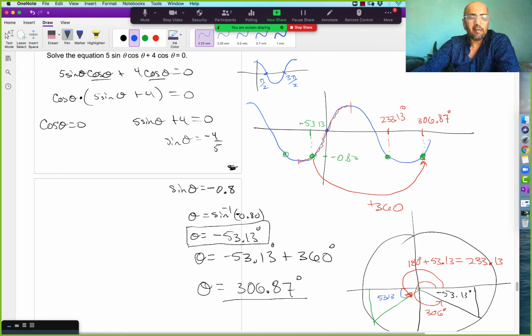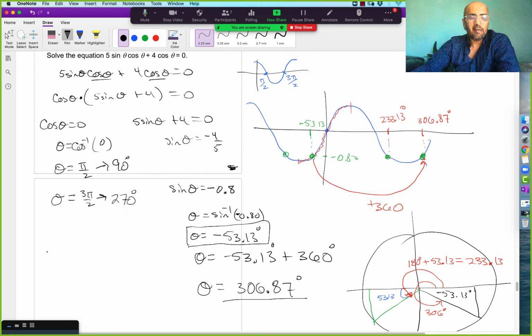That's just a standard one. We don't need a calculator for that. Theta equals cosine inverse of 0, which means theta equals pi over 2, which is the same thing as 90 degrees, or theta equals 3 pi over 2, which is 270 degrees.